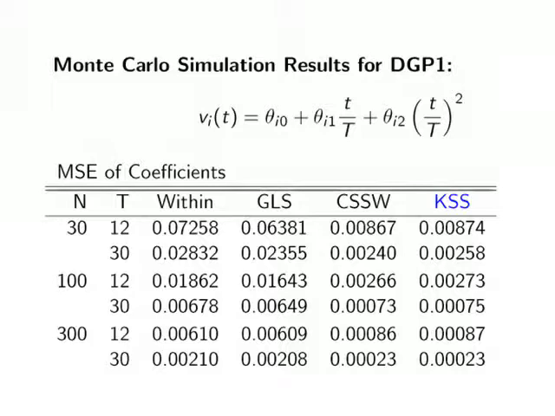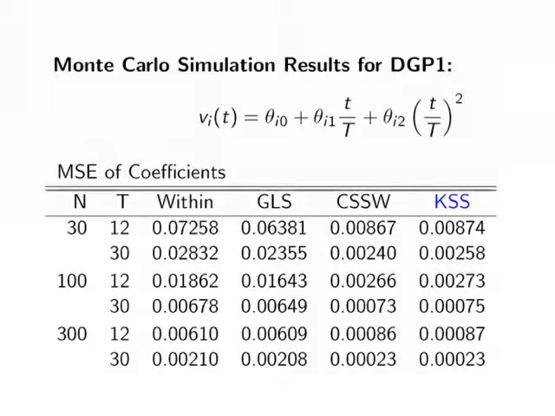In this simulation, this is the truth. We have a model with 3 components, L equal to 3, and it's just a quadratic polynomial. This is the mean squared error of coefficients for estimating the betas. This is the method I propose here.